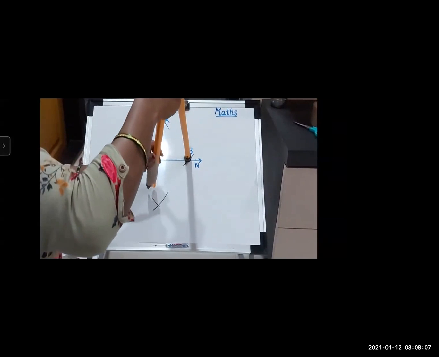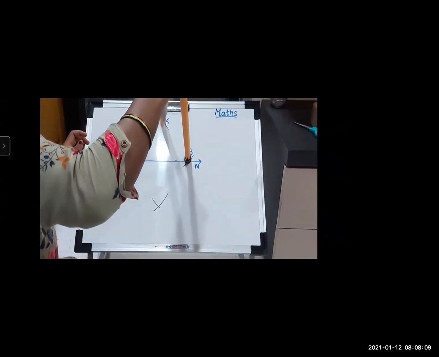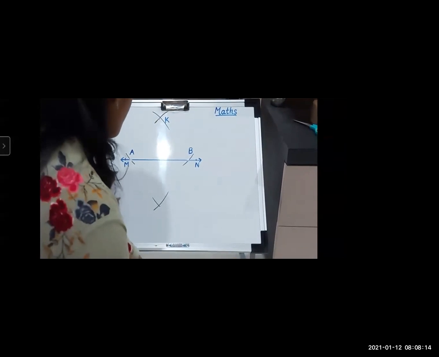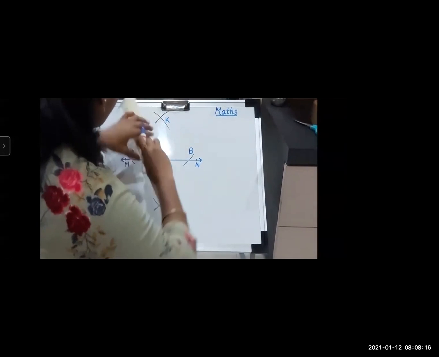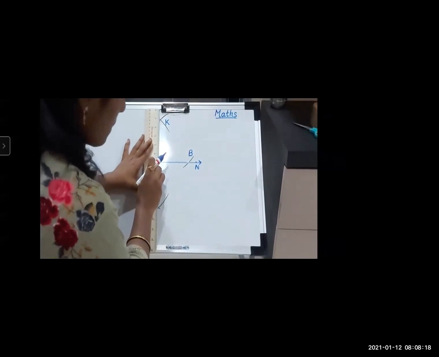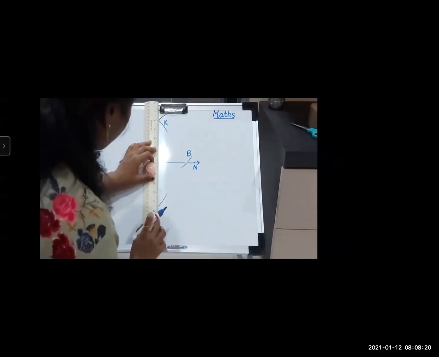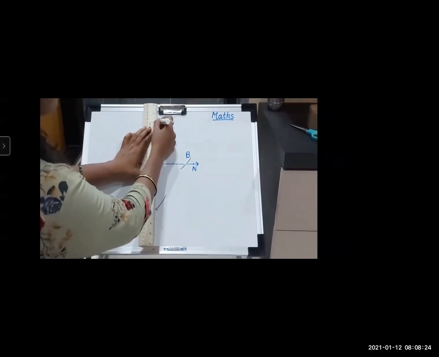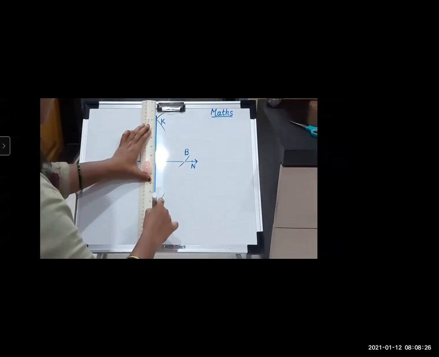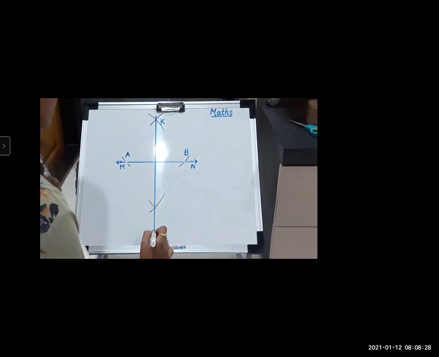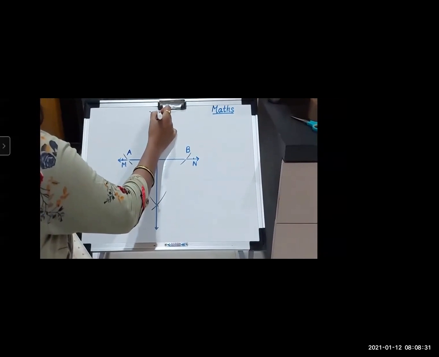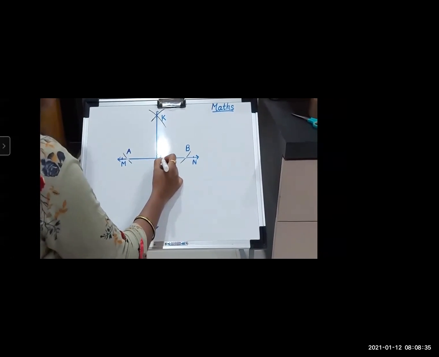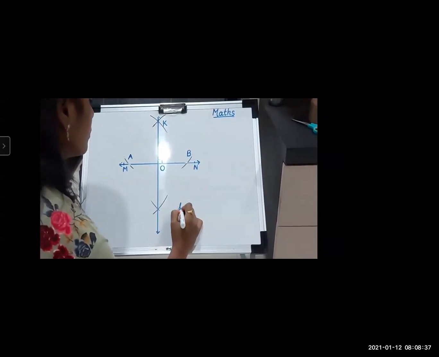Now keeping the needle on the point B, I'm drawing the arc on both sides of the line MN. Now we have got two points of intersection, one on the side of point K and another on the other side of line MN. Now I will join both the points, and draw a line here. Let's name the point of intersection as O.